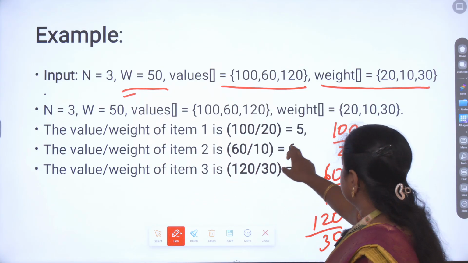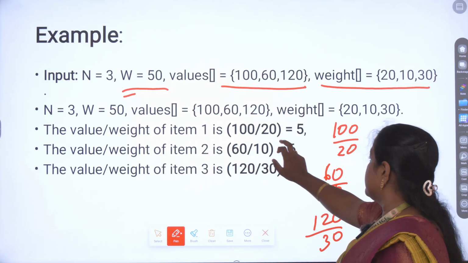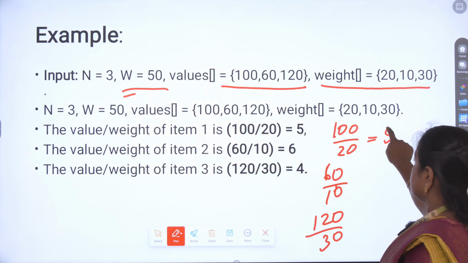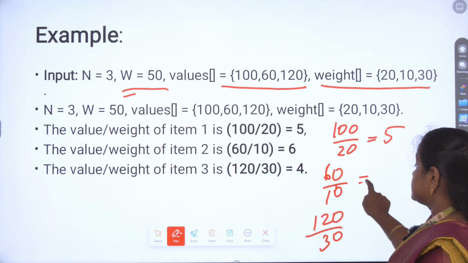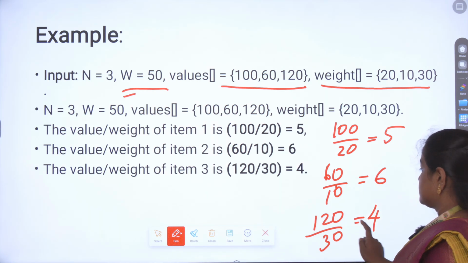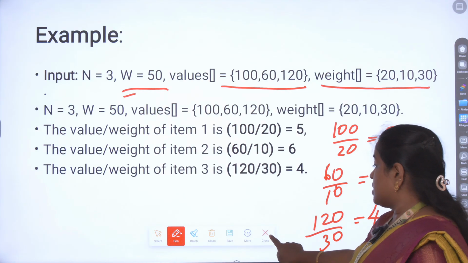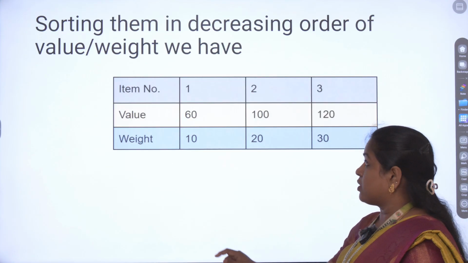Now the value by weight ratio for the first item is 100 by 20, so it is 5, 60 by 10 is 6, and 120 by 30 is 4. Using this we are going to solve the knapsack problem.